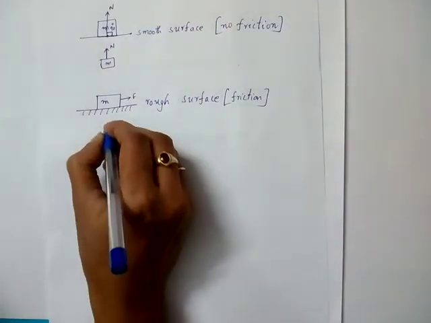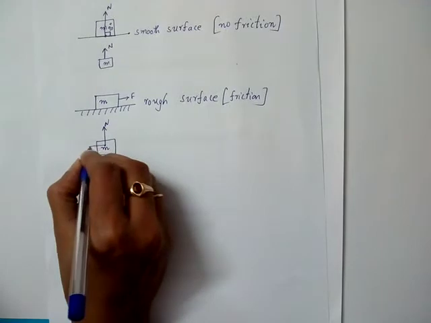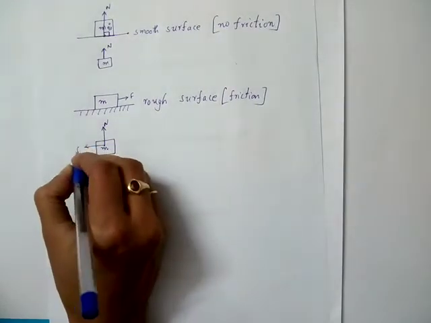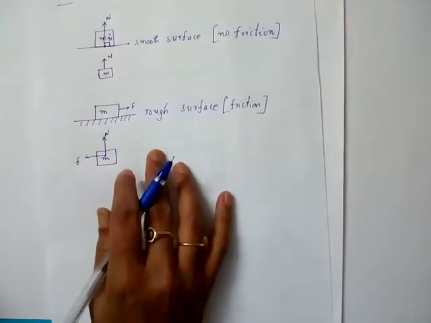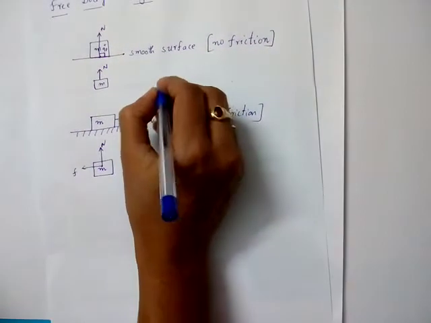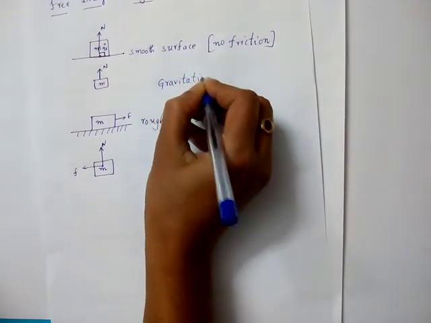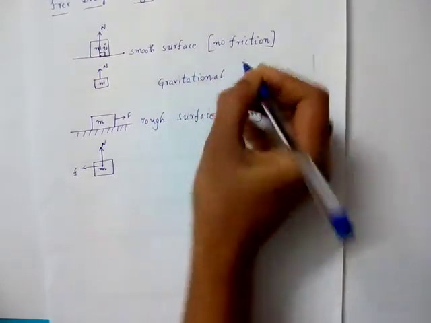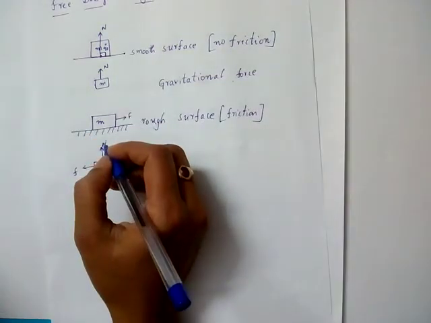Normal force acts perpendicular to the surface and friction force acts opposite to the net force. Small f is representation. So other than these forces, there is gravitational force acting on the body. Don't forget, always on every body there is gravitational force acting. So gravitational force is a force which keeps the body on the surface.